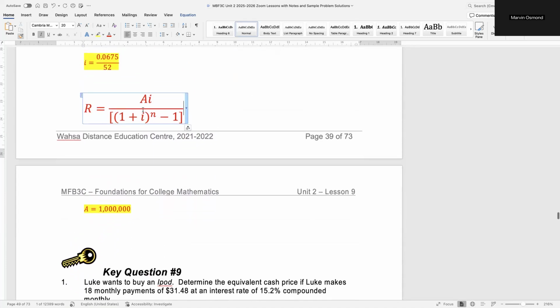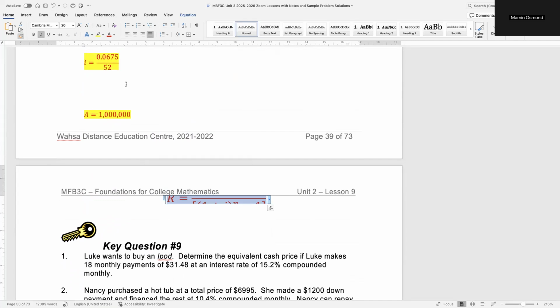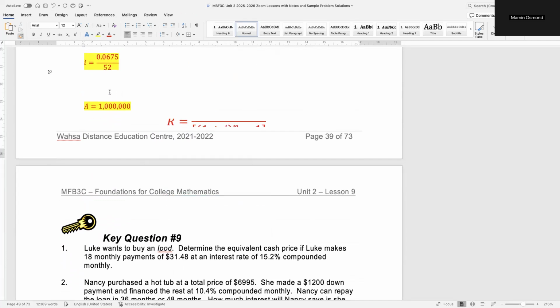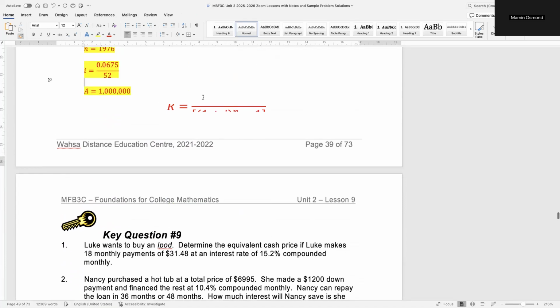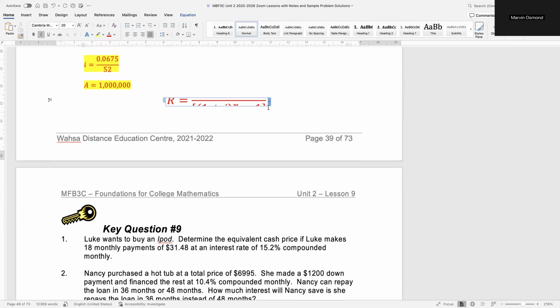Doesn't want to go over there. Let's see if I can make some room to get it up there. I don't know what happened to it there. But anyway, that's the formula you would use to solve that problem.